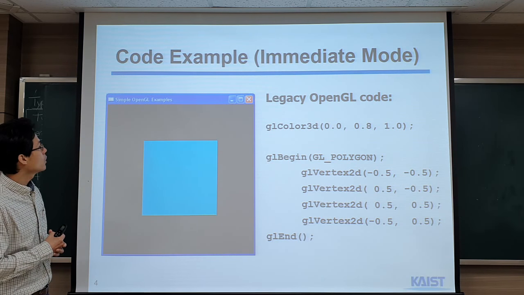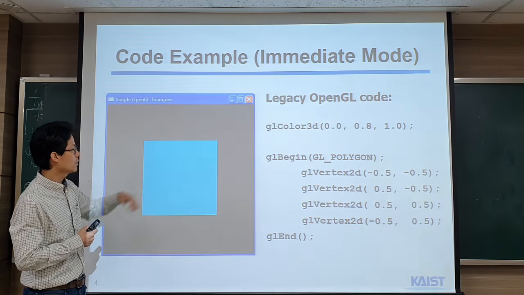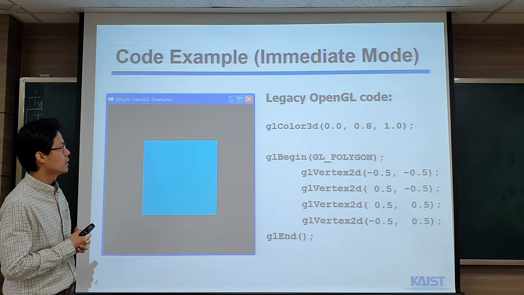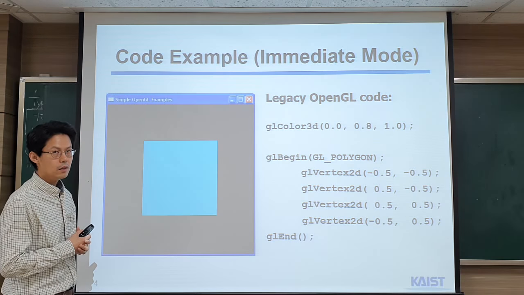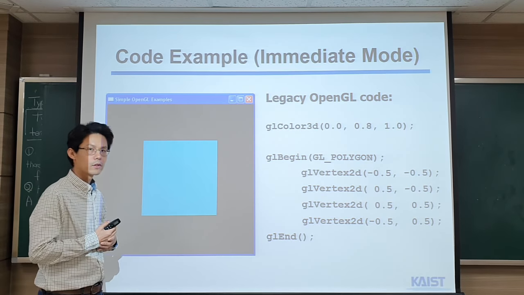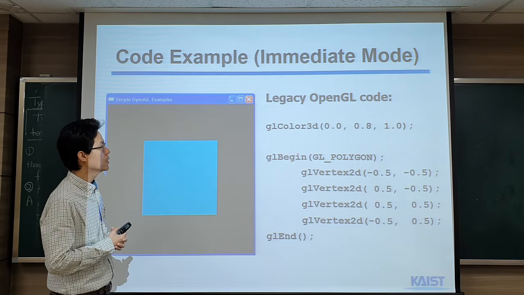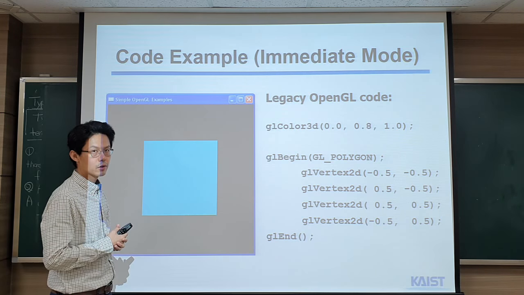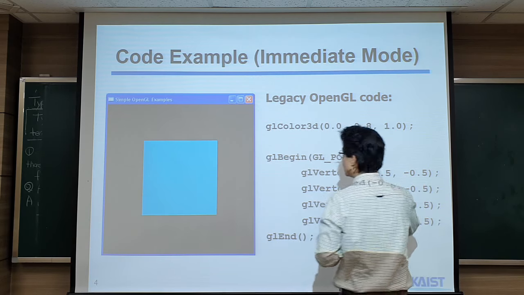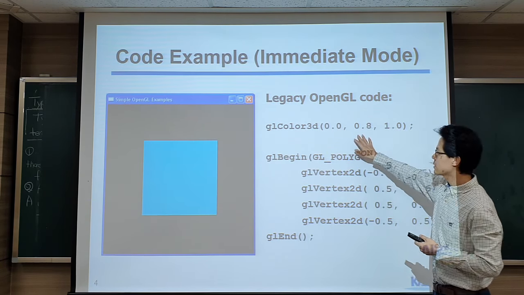You can also draw a rectangular shape with this OpenGL command. This is the legacy OpenGL command; some of the recent OpenGL versions are a little more complicated, but I use this one mainly because it is easier for education purposes. Here we want to draw the rectangular shape, and we specify the color.